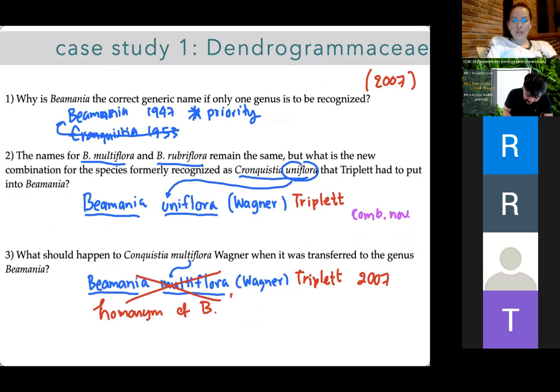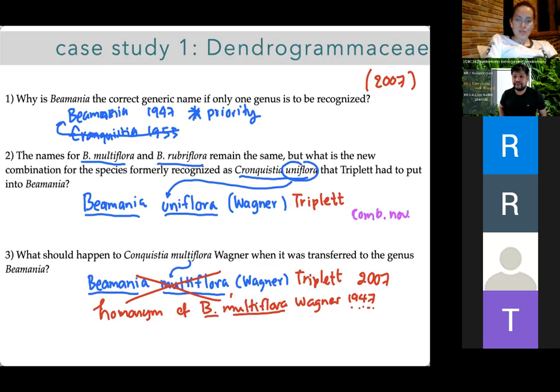of Bimania multiflora, Wagner, 1947. This one gets priority because it came first. So what do you do? Just like echidna, you find a new name, right?